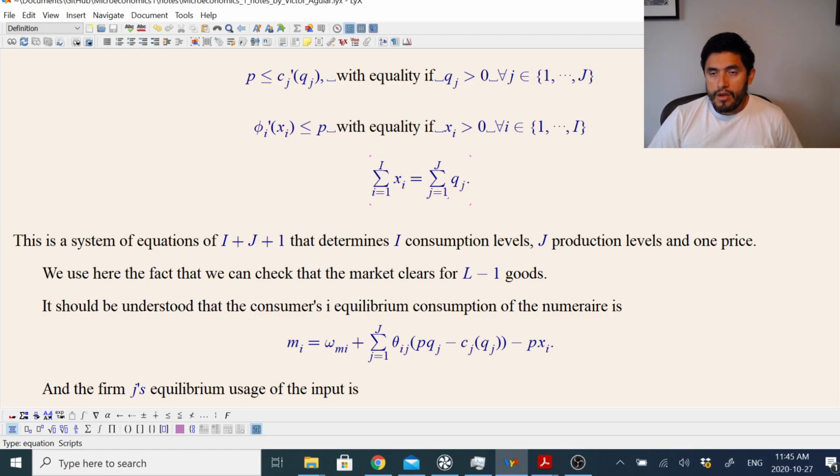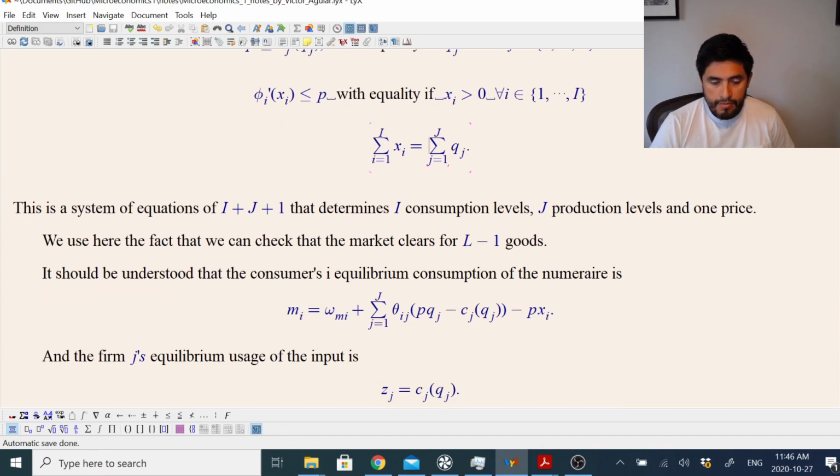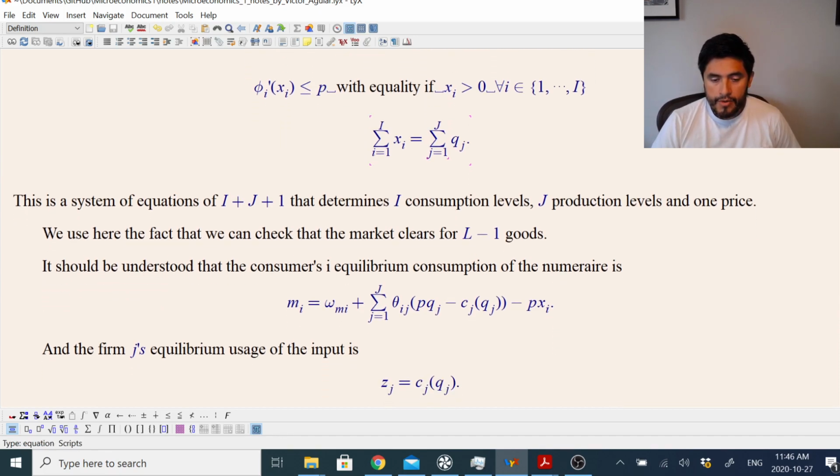Now, as I said, what happened with the remaining good? Well, the remaining good is the numeraire that I know by the previous theorems, and because of Walras' law, it will be completely determined once I know the solution to this reduced system that I just solved. So let's actually compute the equilibrium consumption of the numeraire, given the solution to the problem that I just described.